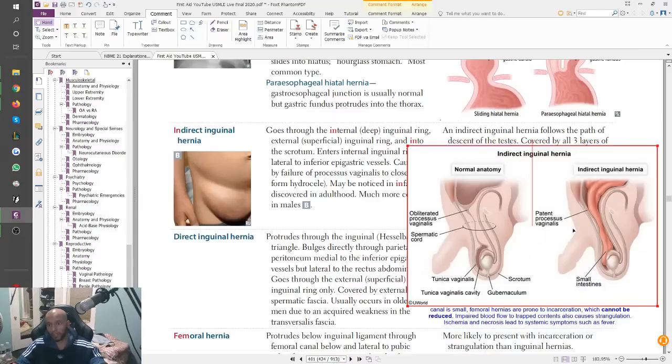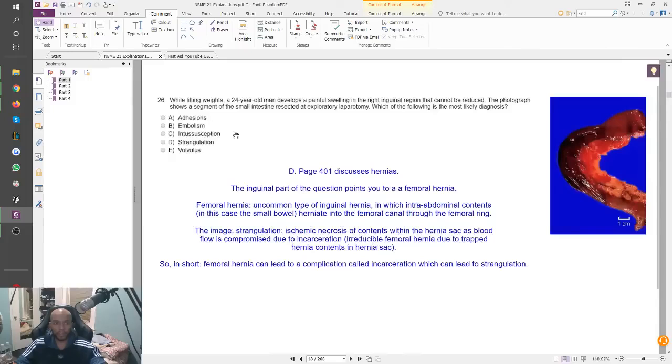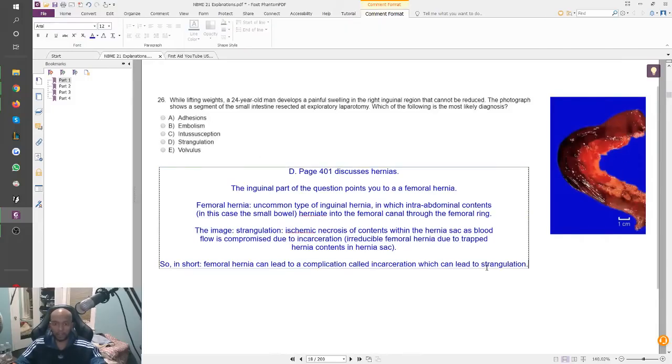This little portion here that went into the scrotum could also get strangulated right here. It's not going to get the correct blood supply if there's strangulation at this region right here, and this is the stuff they would rip out during the laparotomy, and that's what you're seeing here. All right, so let me just add that here actually.